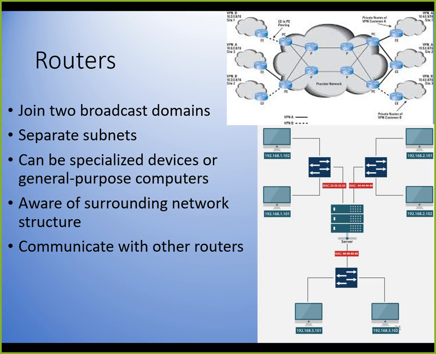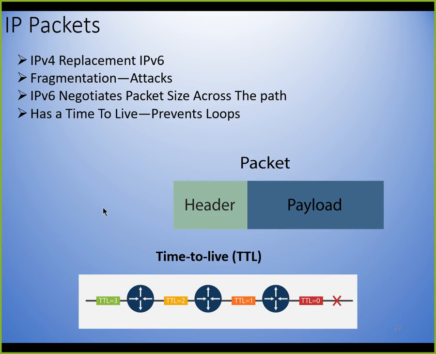That's what the routing protocols do. Different routing protocols have different methods to share that, but their purpose in life is to share route information so that the data can get from point A to point B.